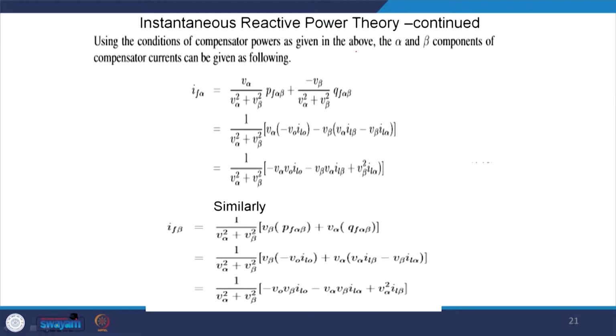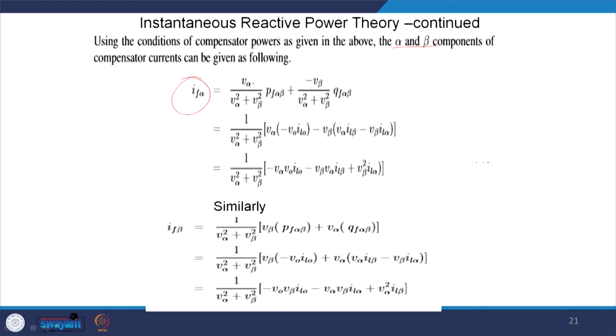So, let us see that using the condition of the compensator power given in the previous slides, the alpha beta components of the compensator can be written as follows. So, we can rewrite the value of the shunt active power filter's alpha component and beta component that are required to be injected by the shunt active power filter.